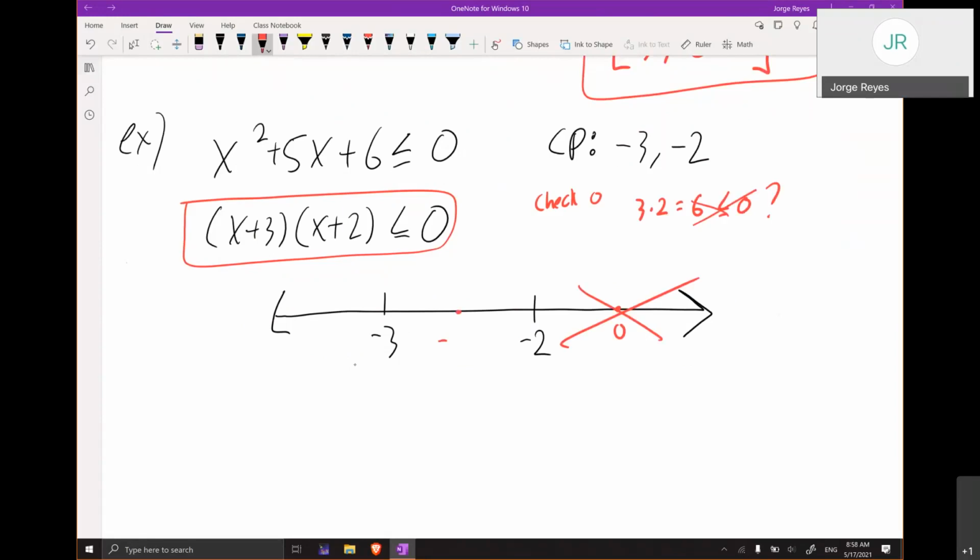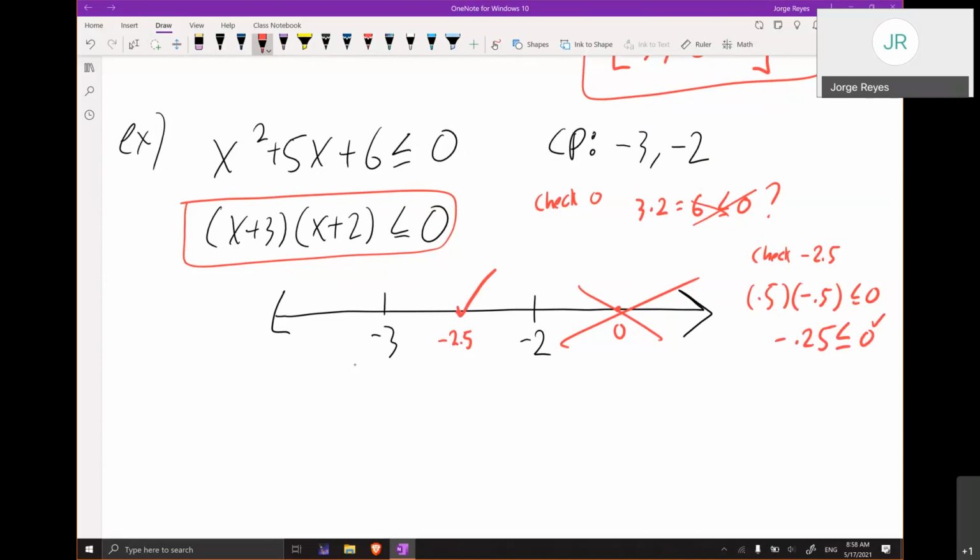Now I'm going to check like negative 2.5, which is a little annoying to check, but it's okay. If I check negative 2.5, I'm going to get 0.5 times negative 0.5, which is negative 0.25. And is that less than or equal to 0? Yes. So this middle part is definitely my answer.